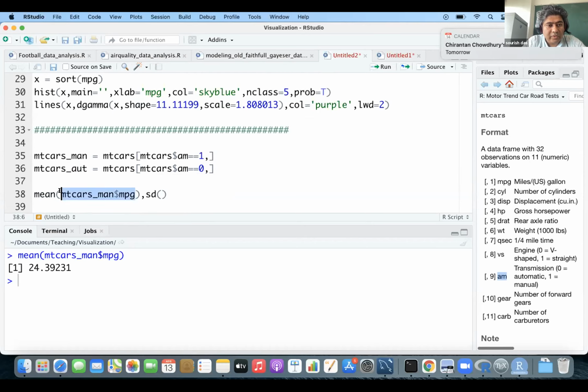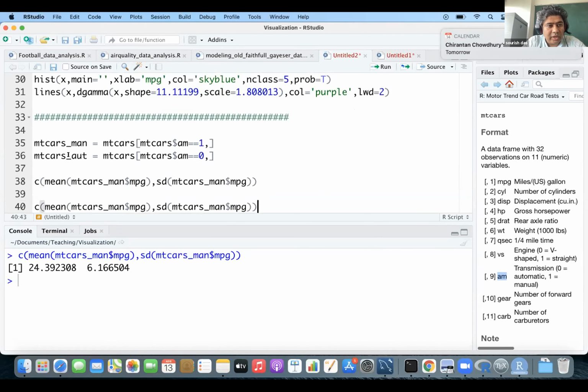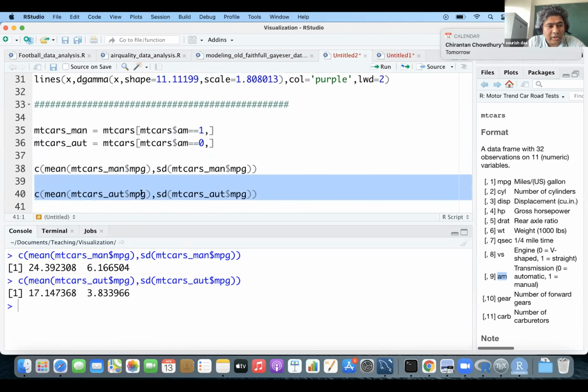So these two I want to calculate in the manual transmission. And similarly, I want to calculate the average and standard deviation with automatic transmission.